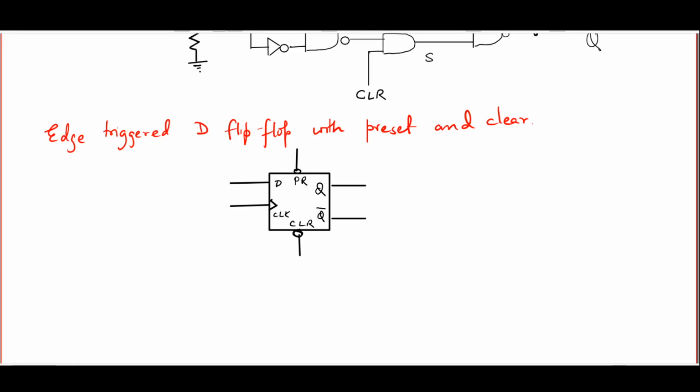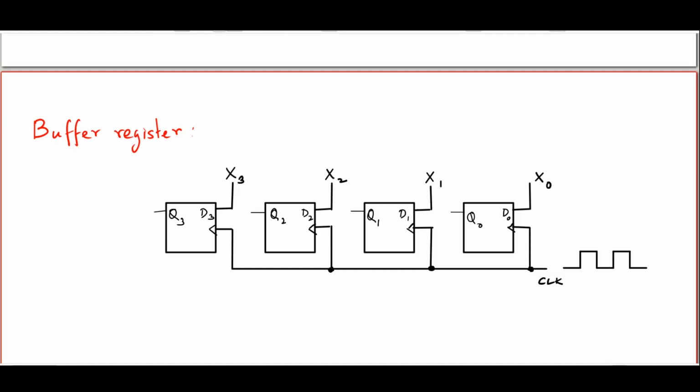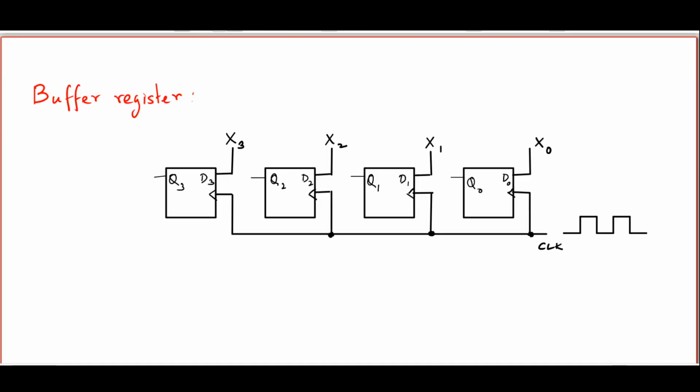Let me now first describe the simplest such register, just a basic buffer register, which you make using D flip-flops. So here, we have a buffer register which can store a nibble or 4 bits. Of course, you can extend this idea to store a byte or even more.